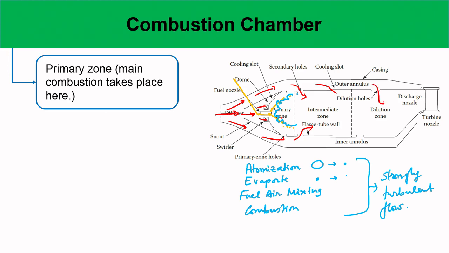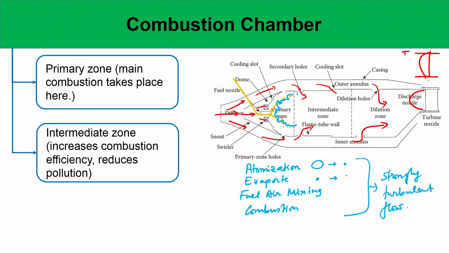And then finally you have the dilution zone, where you feed in a lot of air, and this dilution zone will essentially control the temperature profile that comes in. Finally you need a temperature profile which is governed by the stress situation in the turbine. So this cooling hole once again will control this temperature distribution, and that will ensure long life of the turbine blades.